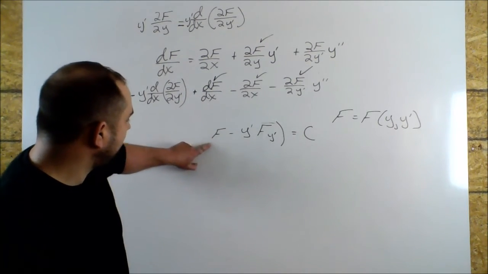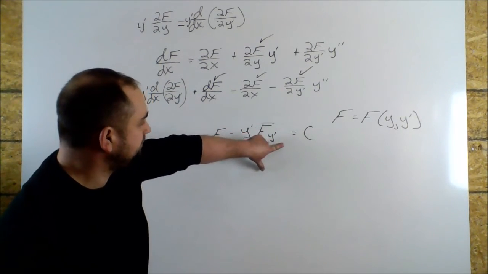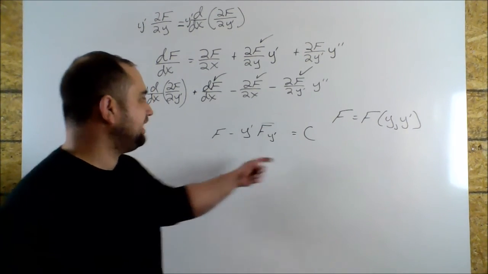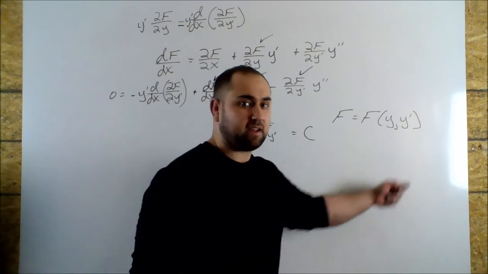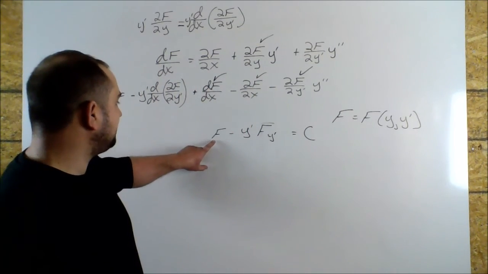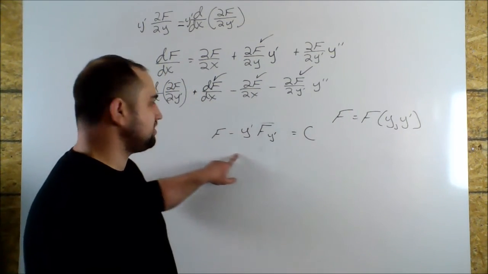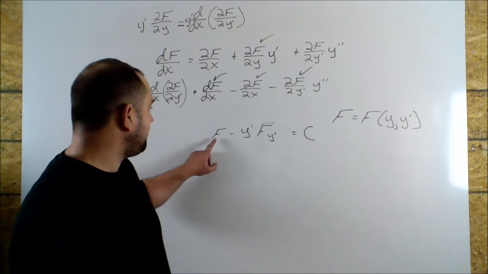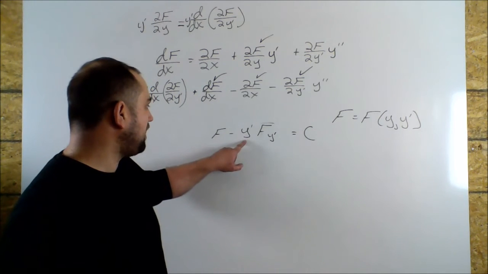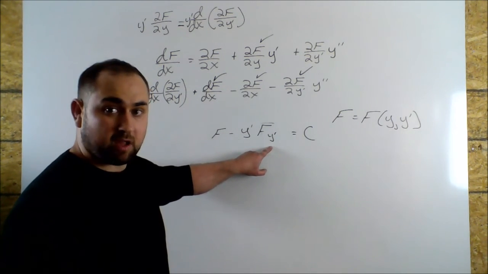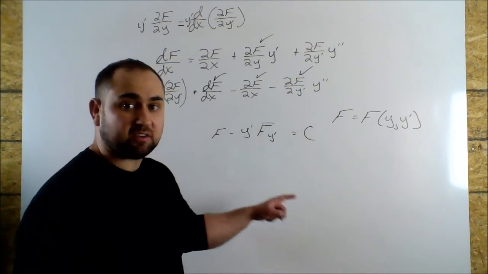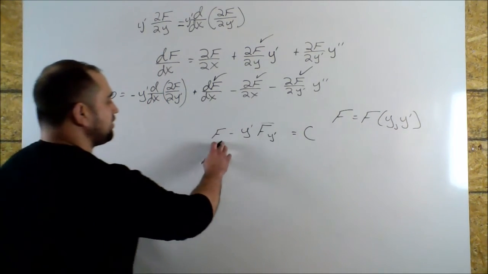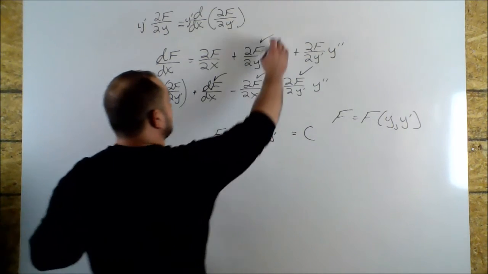And this is what's called the Beltrami identity. So if I have an integrand f that is not explicitly dependent on x, then I can simply use this equation to find the extremals. So f minus y prime times partial f with respect to y prime is equal to some constant c. Okay, so let's just write this up here.